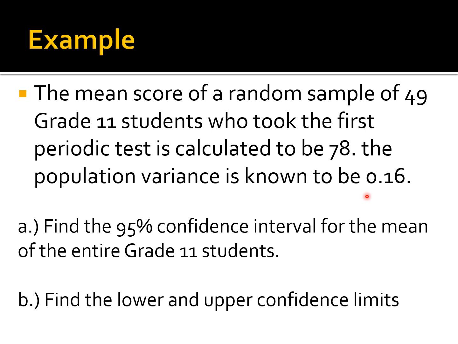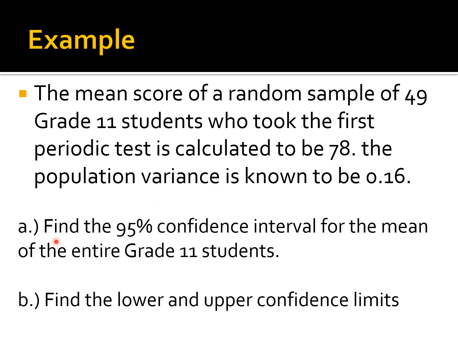We all know that the population standard deviation is just the square root of the population variance. So the square root of 0.16 gives us 0.4. Later on, we'll use 0.4 as the value of our population standard deviation.